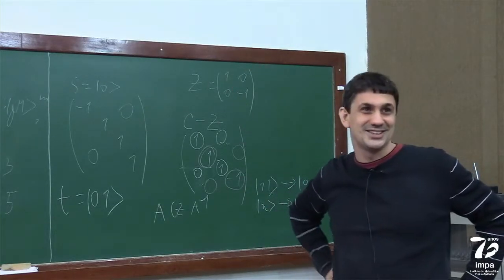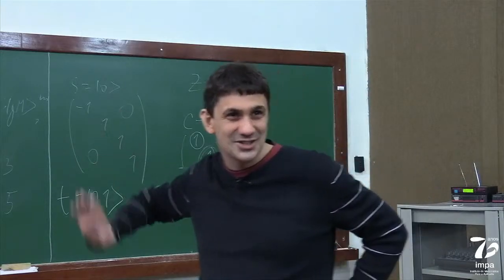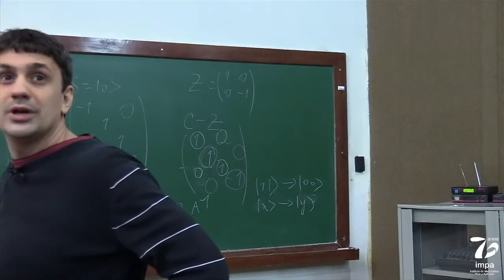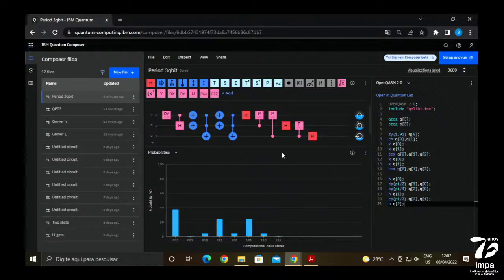I cannot show it on the screen. But here it works, and you can play with it yourself. I did it for 3 qubits here. You can do the same for 4 qubits, for 5 qubits, because the quantum Fourier transform is theoretically implementable.